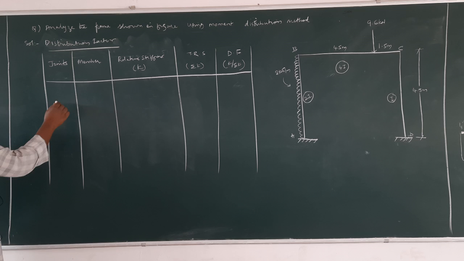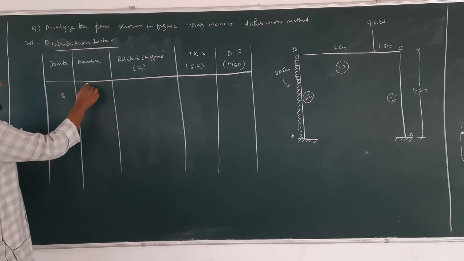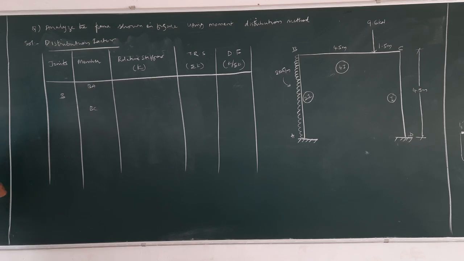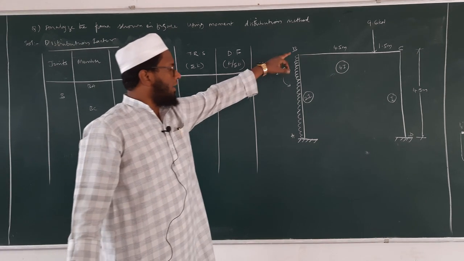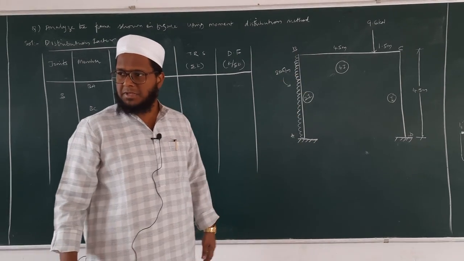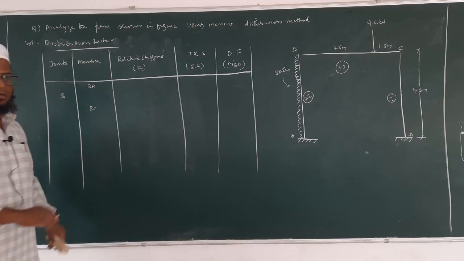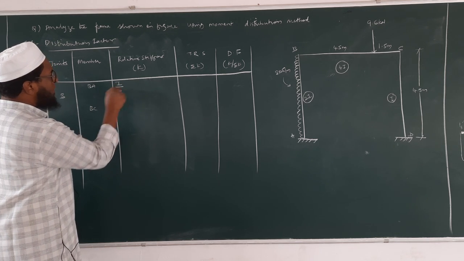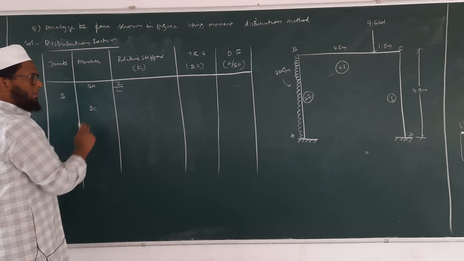Now we'll move to the first joint, that is B. We have BA and BC. If you see carefully, B to A is fixed, so the relative stiffness will be I by L. What about BC?